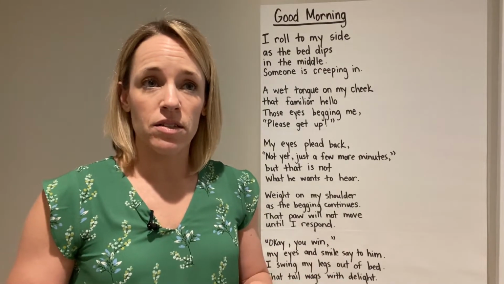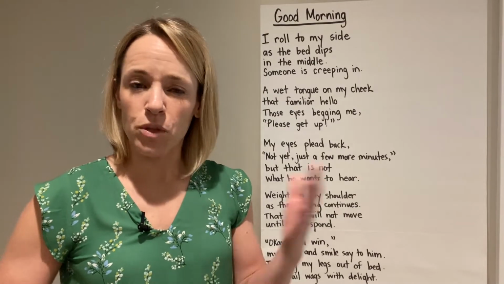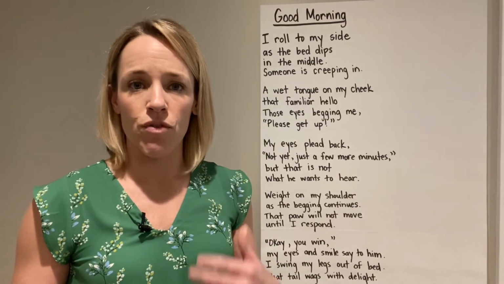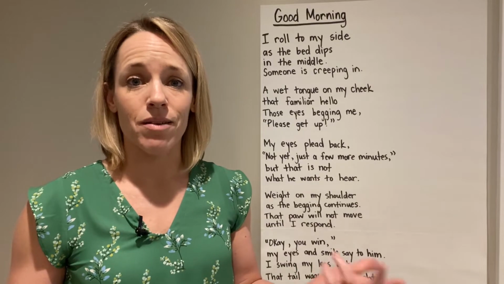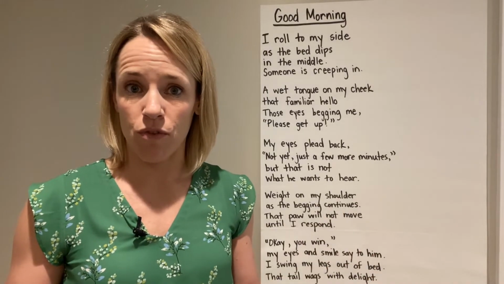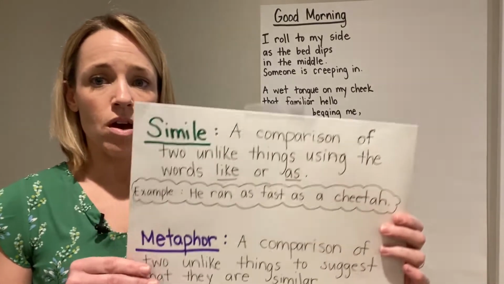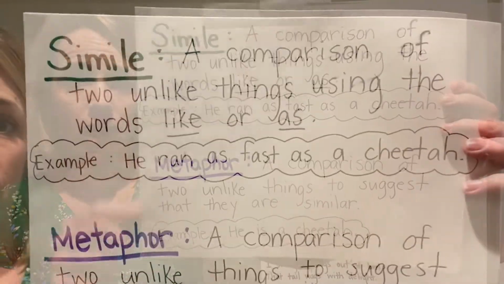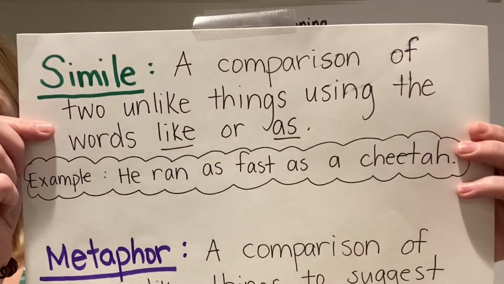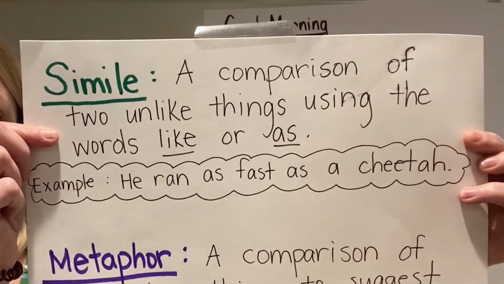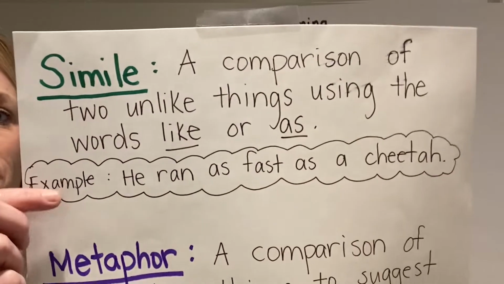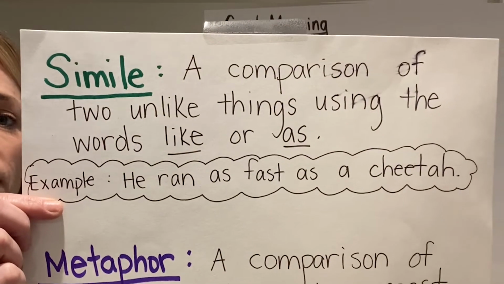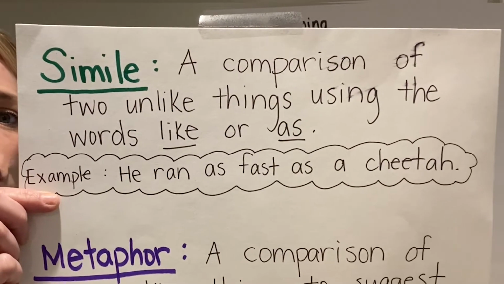And that's probably not new to you, but just in case and before we get started, I just want to review really quickly what similes and metaphors are. We know they're a type of figurative language and they're pretty similar. A simile is a comparison of two unlike things using the words like or as. So you can see this example here. It says, he ran as fast as a cheetah.